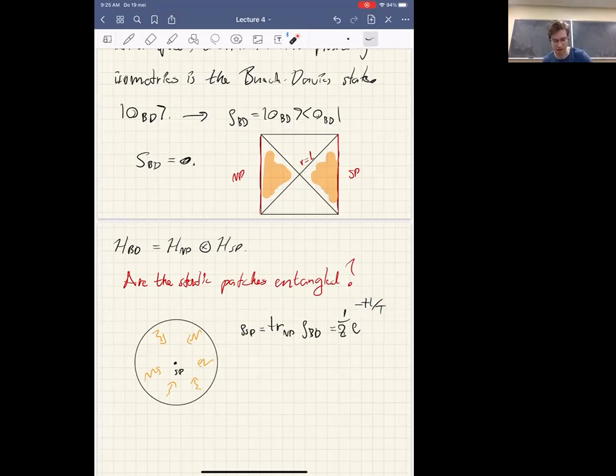So what this tells you is that this reduced density matrix is thermal. You can also explicitly show this by starting with the definition of the Bunch-Davies state and explicitly performing this trace, and then you find the same result. Here we just argued for it by consistency of this thermal picture.